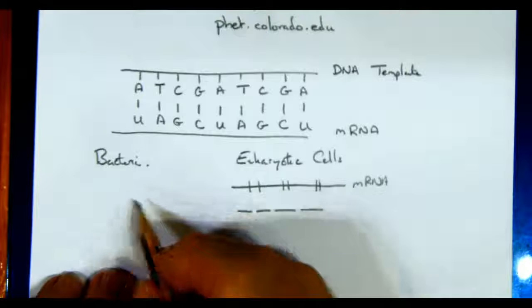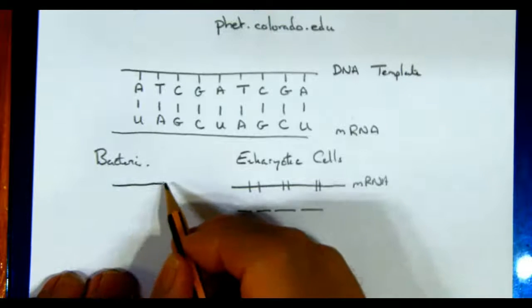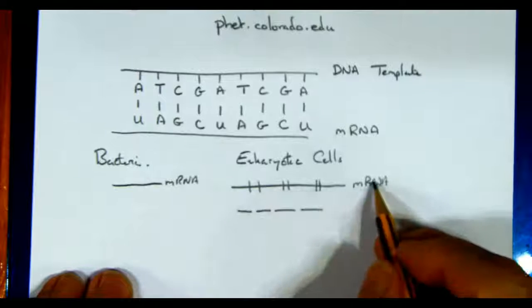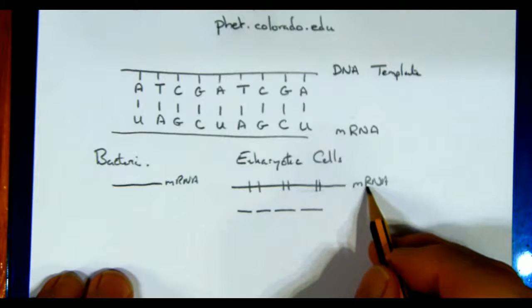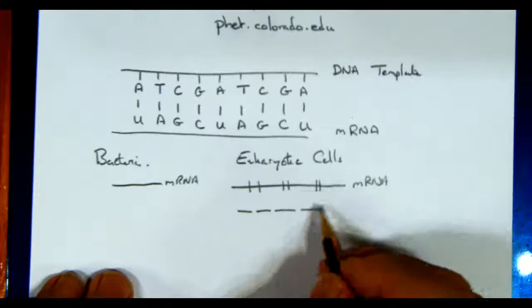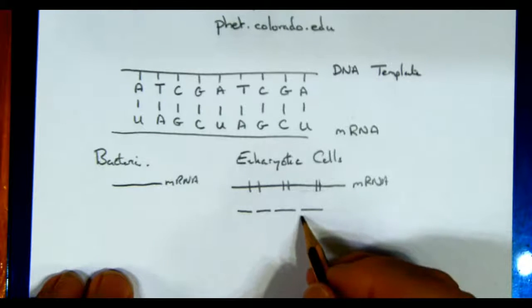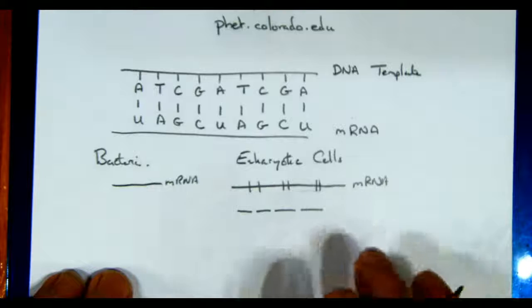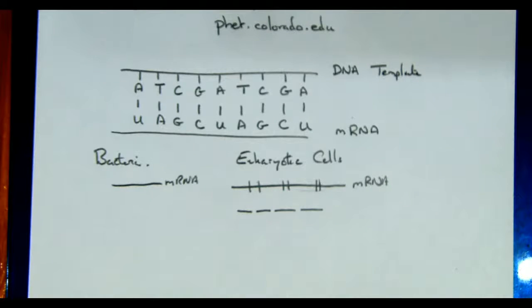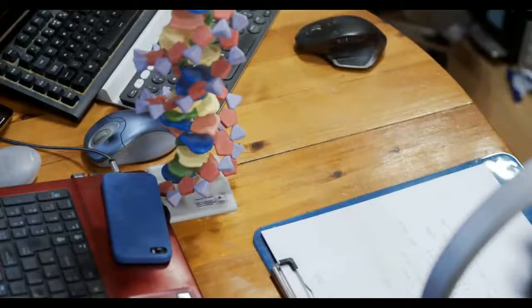So bacteria take its mRNA and they keep it. Eukaryotic cells, we take a much longer piece of mRNA and we chop out some bits and we stitch them back together again. As for the whys, I can't tell you.